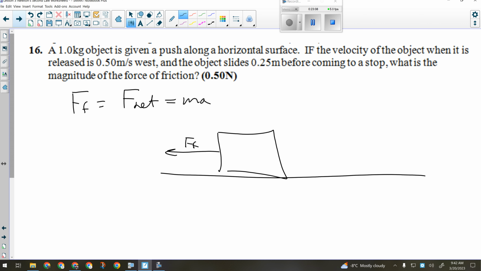I just don't have a yet. Okay. So I know v_i. I know d. And it comes to a stop. Can I calculate a with those three things?